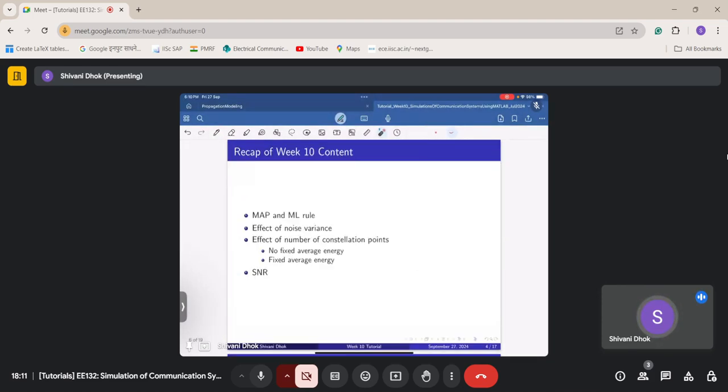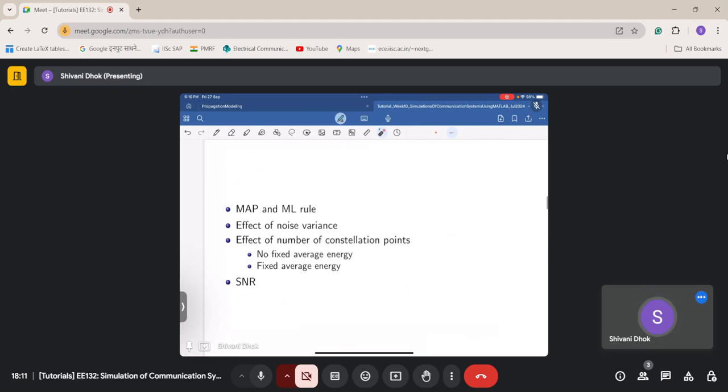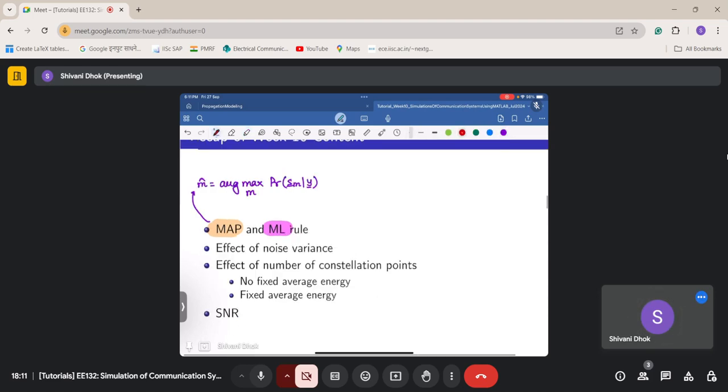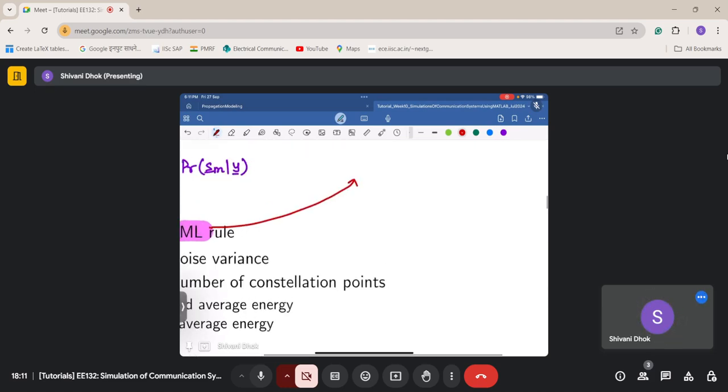So let me write it again. Your MAP rule is m hat equal to arg max over m of the probability that you have transmitted s_m given you have received y, and then you have your ML rule. This ML rule is m hat equal to arg max over m of f of y given s_m being transmitted.